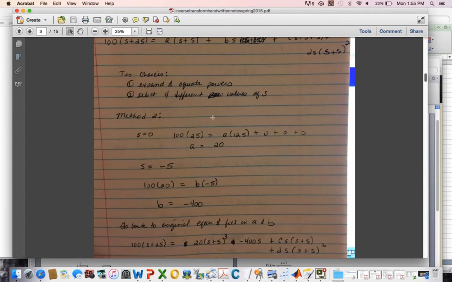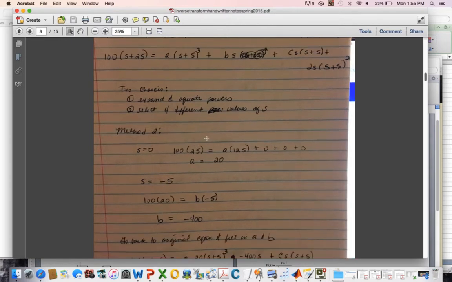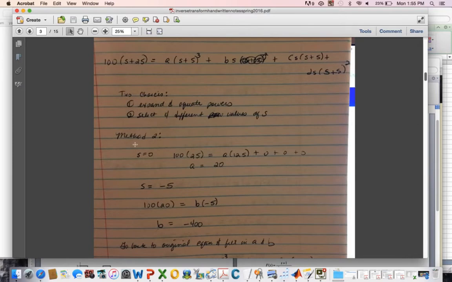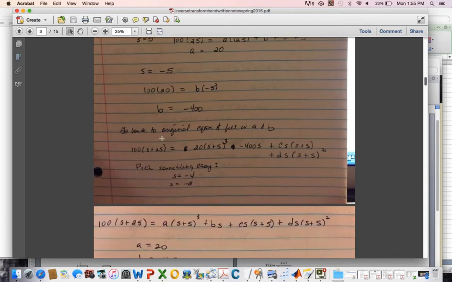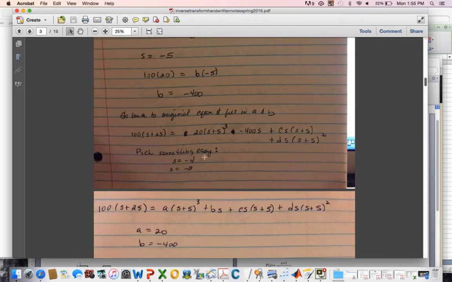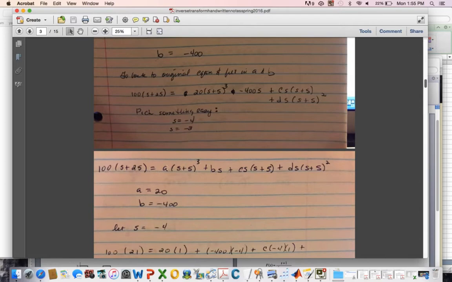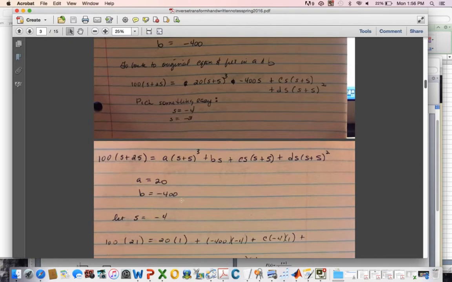So for method 2, I chose s equals 0 and s equals -5, which solve for a and b fairly easily. So I come into my equation and I substitute for a and b, and then at this point I just pick something fairly easy. It's going to give me small numbers when I square them. So I picked -4 and -3, and when you do that, you'll get 2 equations and 2 unknowns, and you'll find that a is 20 and b is -400.